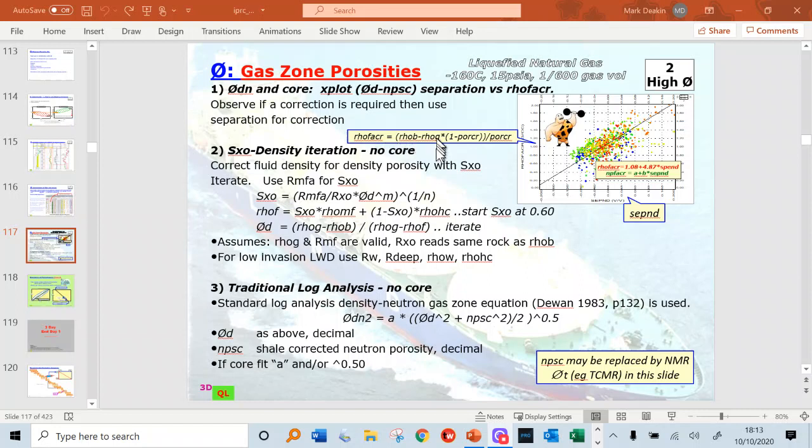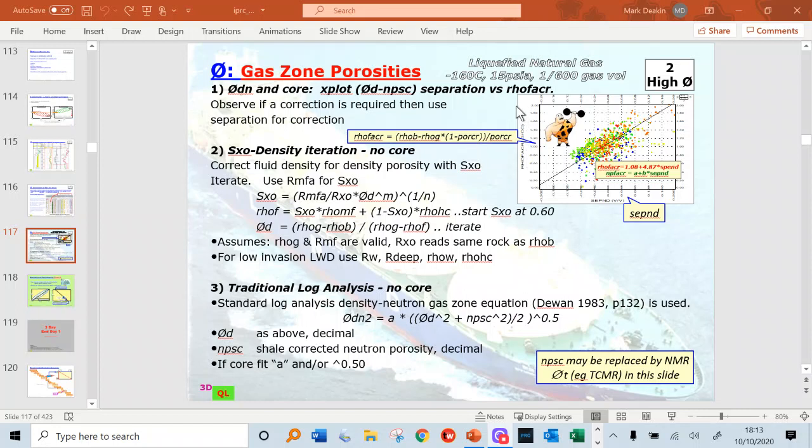So I've used that porosity in there that I'm telling the density log to match that core porosity there, right? And that's the fluid density that makes that rho B give you your core porosity.